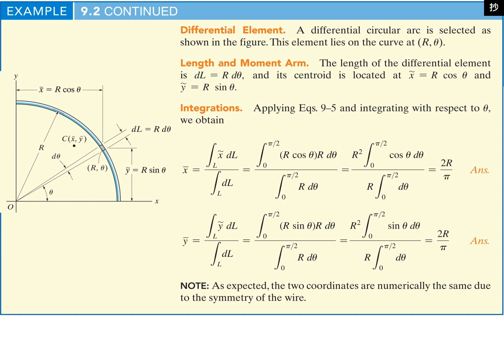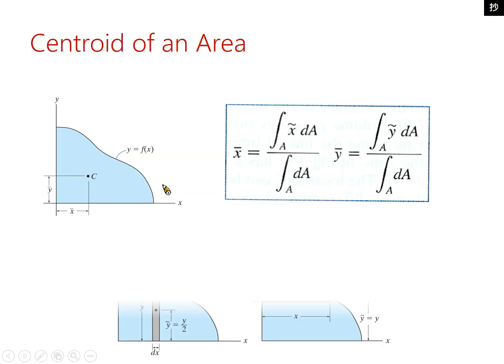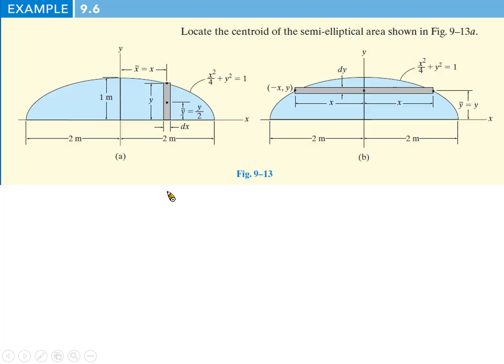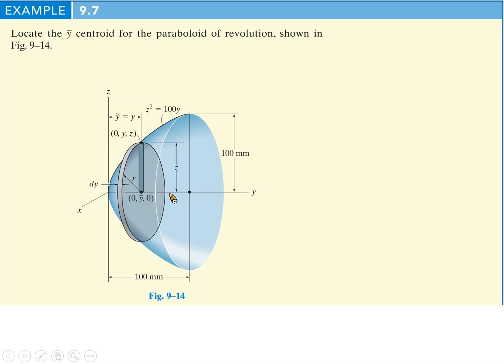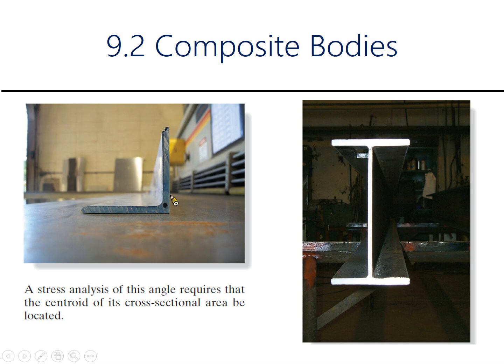But if our shape is half circular this way, the average y value, there is no change, so still at this point. So we can directly use 2r divided by pi as the average value.